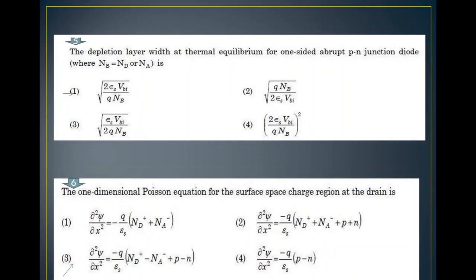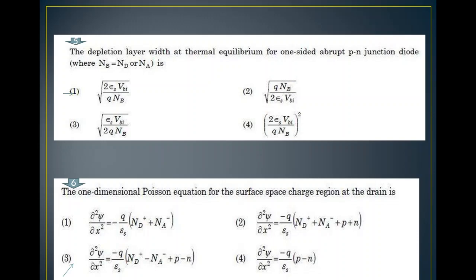And next, question number 5. The depletion layer width at thermal equilibrium for a one-sided abrupt p-n junction diode, where NB is equal to ND or NA, is: first option, root 2 epsilon s VBI upon QNB.